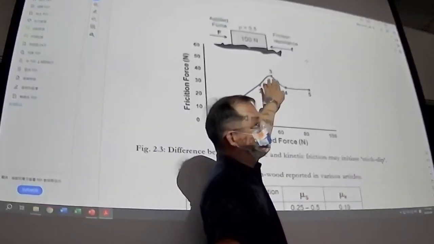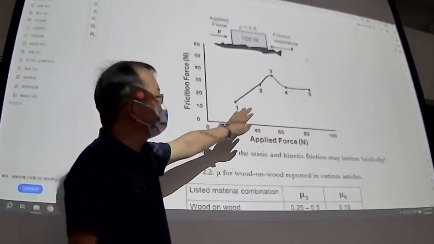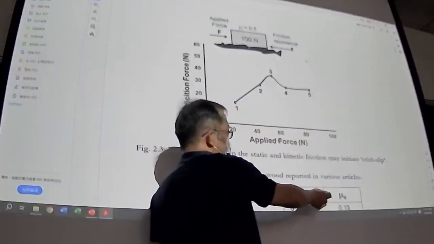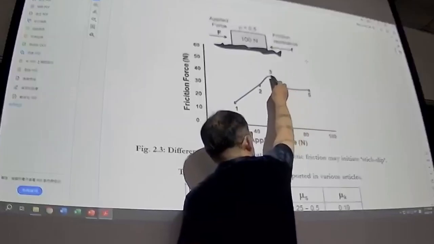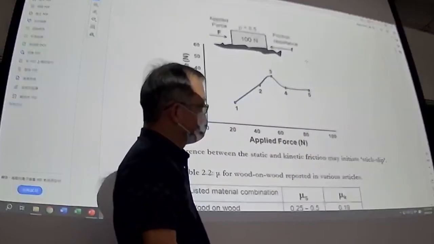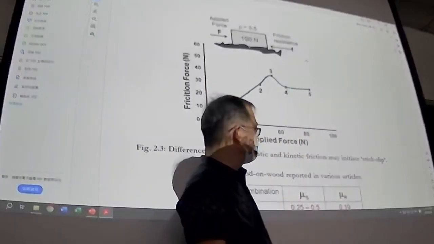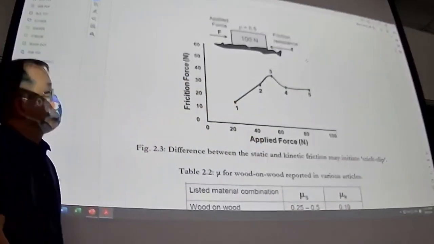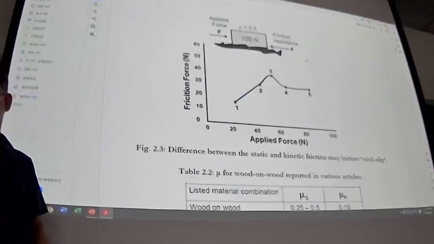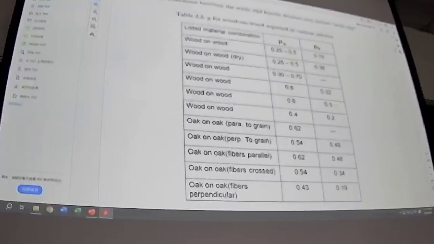Once you overcome the static friction, the coefficient of friction for the kinetic condition drops. So once it's in motion, the kinetic coefficient of friction drops. This is obtained by experiment. Here we have experimental results.